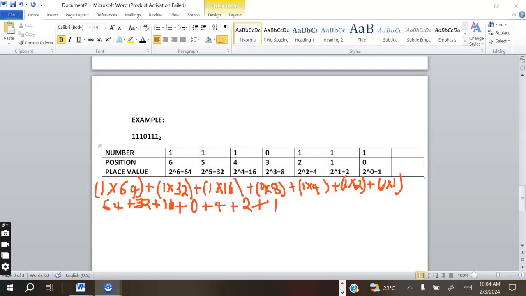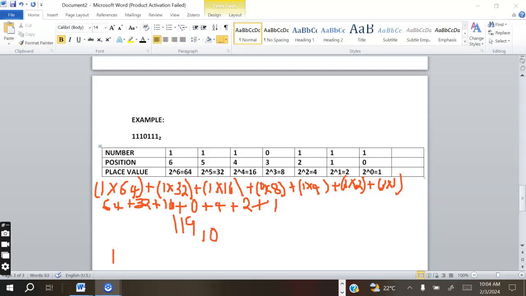You add the rest, and you are supposed to get 119. Then it should be base 10.